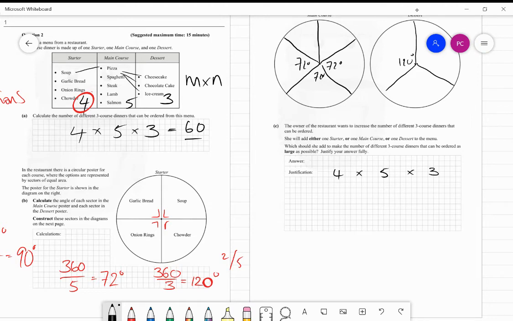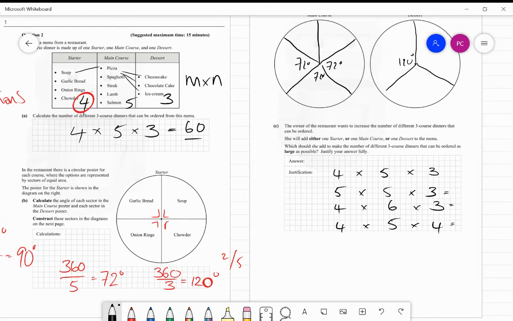If we were to add 1 to the starters, we'd have 5 by 5 by 3. That's one option. Or we might add 1 to the main courses, which would give me 4 by 6 by 3. Or we could add 1 just to the desserts, which would be 4 by 5 by 4.